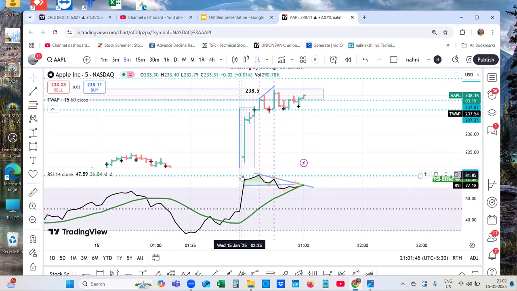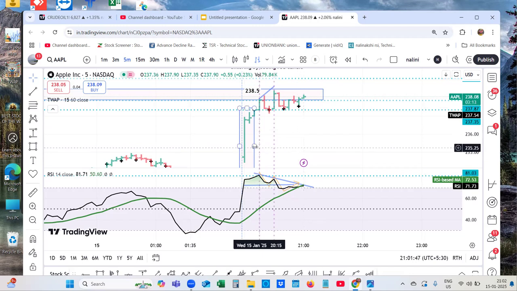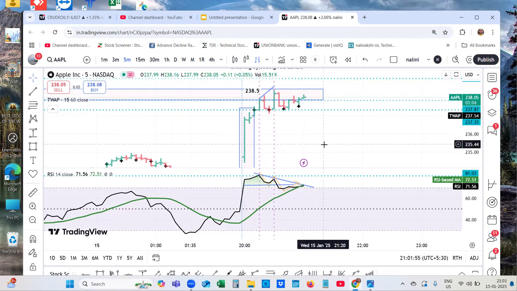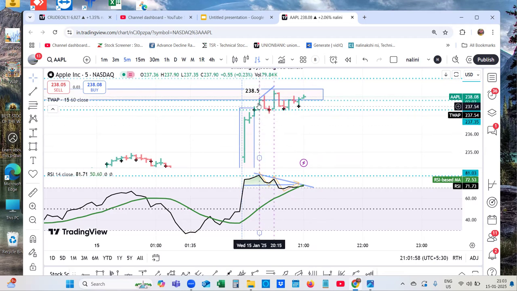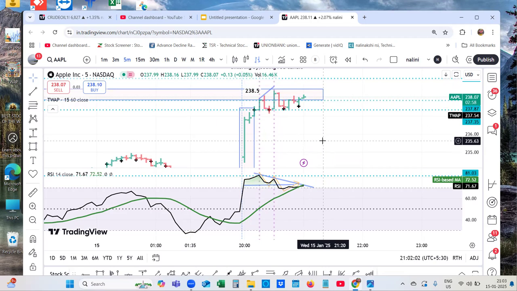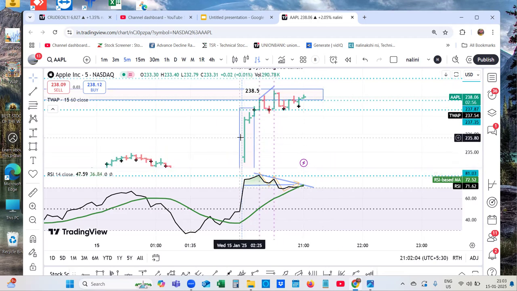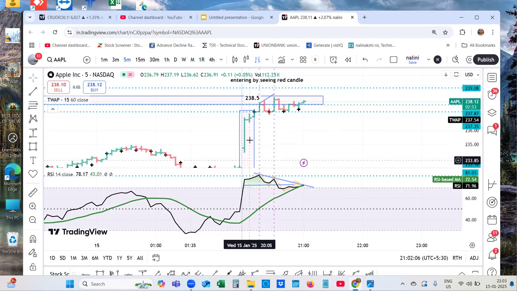So the momentum move was within 30 minutes, a swift momentum. But the offloading of the shares will take time because it has moved so swiftly. You can see the imbalance over here.